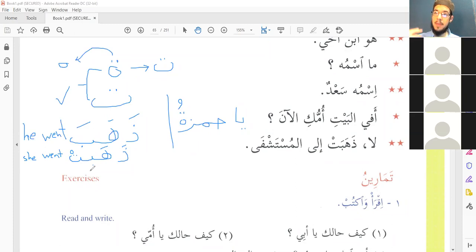So if something is marfu', then it has a dhamma or a waw, for example. If something is majroor, then it has a kasra or a ya, for example, etc. Whereas the endings that we're changing here have nothing to do with grammatical case at all. They have to do with the person that is performing the action, or the person who is establishing the meaning of the verb, right?